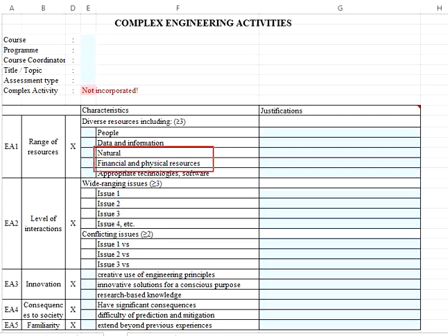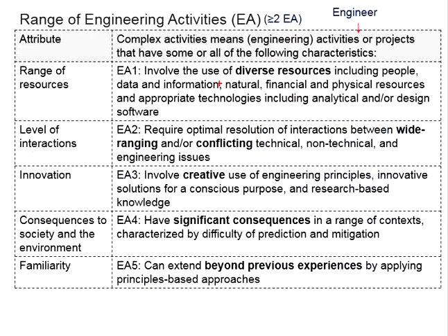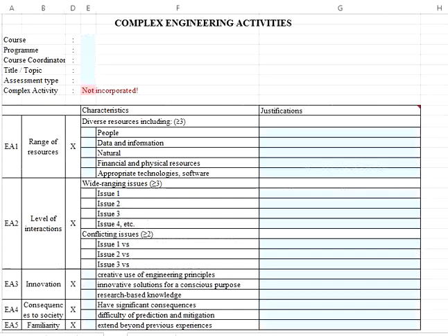Theoretically, you can classify all these 3 together, which makes it natural, financial and physical resources. At least this is what the statement implies here. And then appropriate technologies and software.